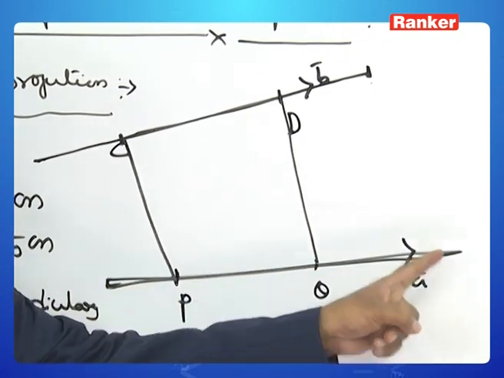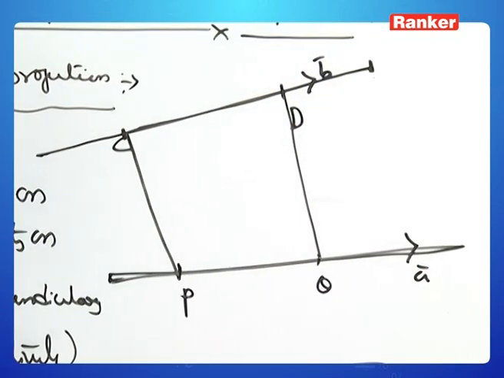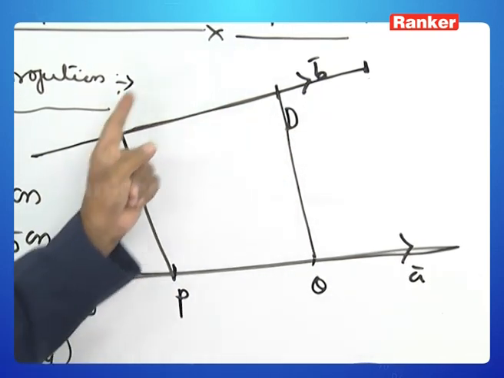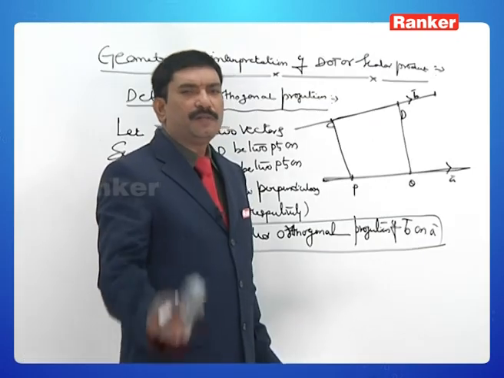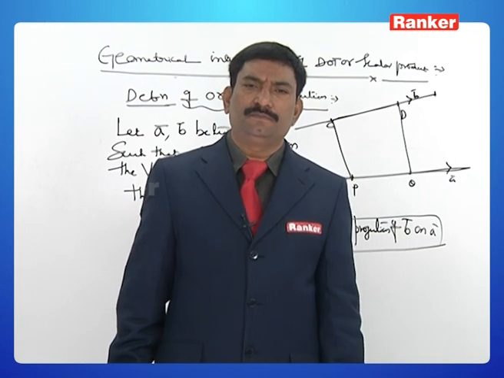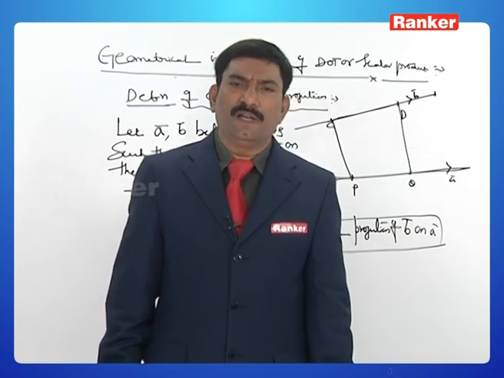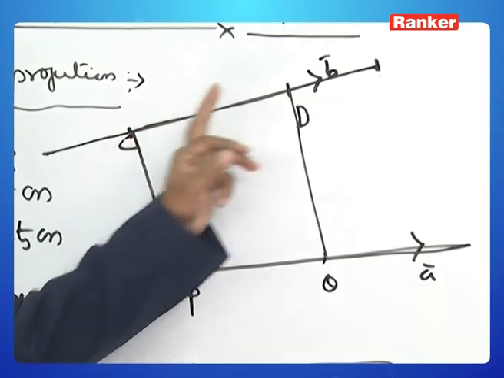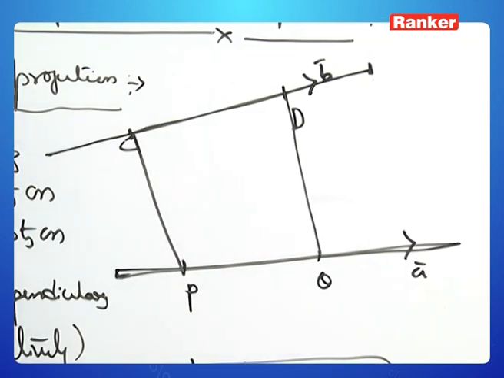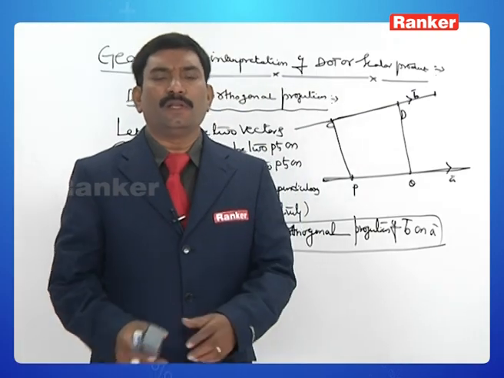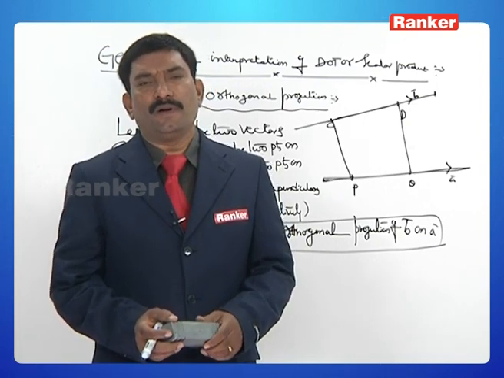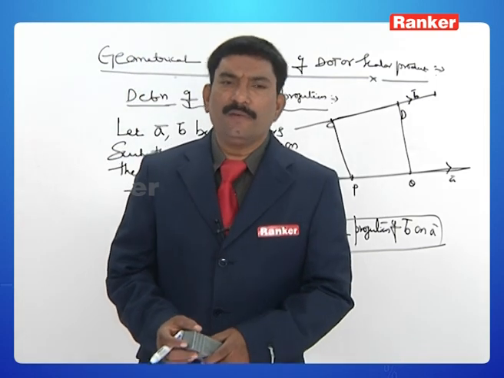Now if I take this as OA and this as OB, on these two lines select the 2 points C, D and P, Q. Draw perpendicular lines from C, D to this line. Then this length PQ is called what? Orthogonal projection of B bar on A bar.